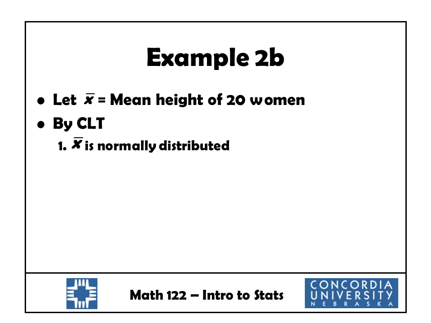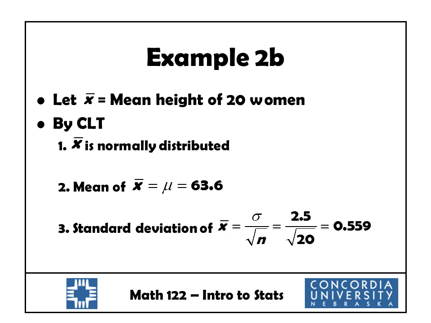By the central limit theorem, first of all, x bar is normally distributed. Second, the mean of x bar equals my population mean of 63.6. And third, the standard deviation of x bar is sigma divided by the square root of n. N is 20 in this case, and so the standard deviation is 0.559.